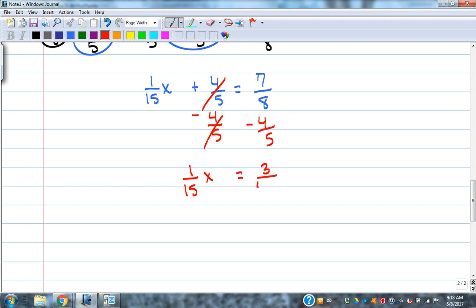Again, I'm not doing a whole lot of work here to get common denominators. I'm not overly concerned whether you can do that or not. You've got a calculator to get things done. Now, how do I get x by itself? Yes, that's right. Divide both sides by 1/15.